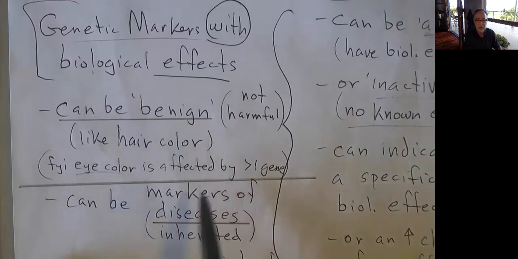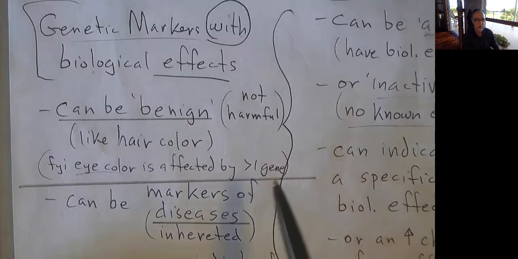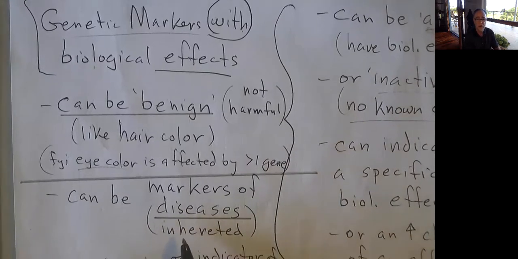Eye color is also controlled by genetics, but it's controlled by more than one gene. A lot of traits we think of have more involved in regulating them than just a simple gene or a marker, something more complicated. So again, some genetic markers can be markers of inherited disease.